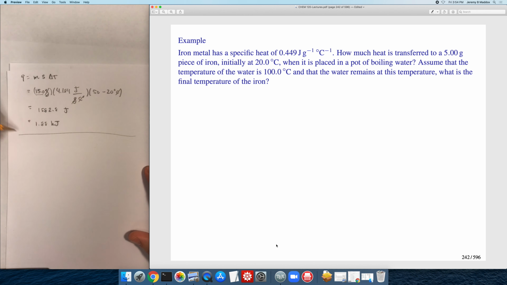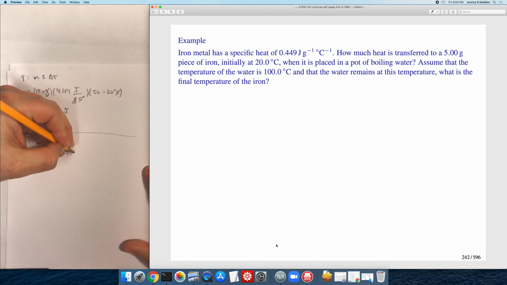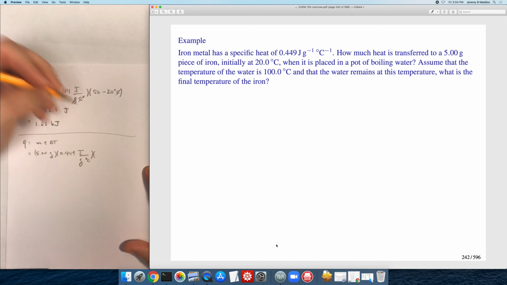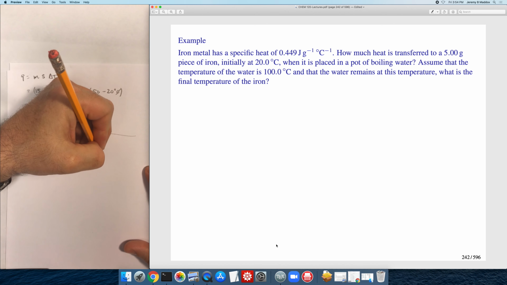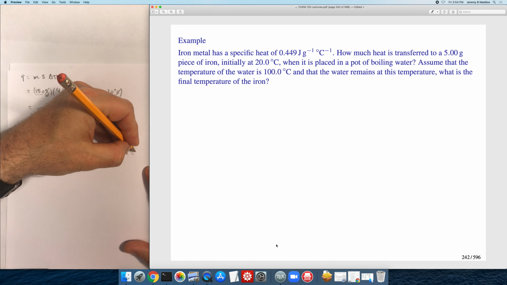And then to calculate the heat involved, we just use the specific heat formula again. This time we've got 5 grams of iron, multiply by that specific heat for iron, and then the temperature difference here is going to be 100 minus 20 degrees Celsius.